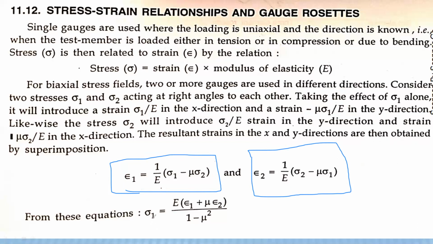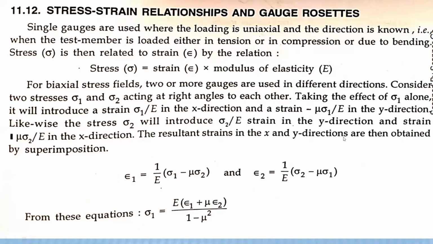From these equations, I can calculate sigma 1 as E into epsilon 1 plus mu into epsilon 2, divided by 1 minus mu square. So this is the sigma 1 equation for one strain gauge.